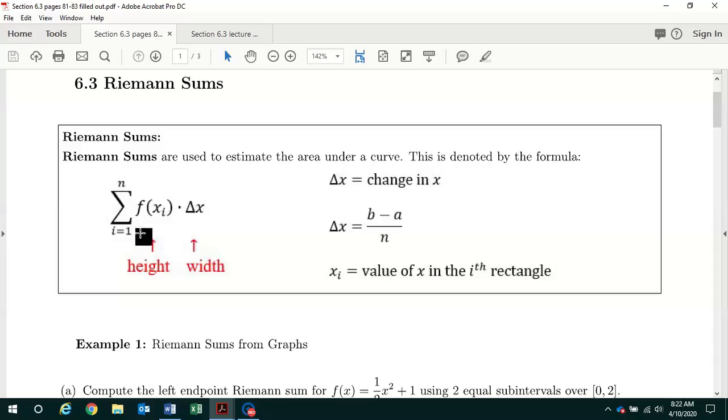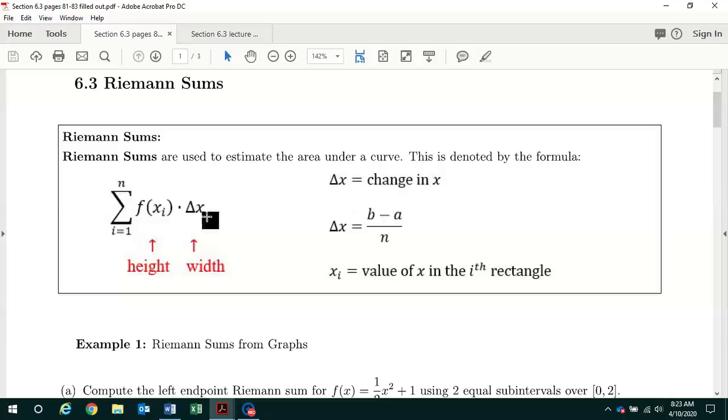And using a summation formula, hopefully you're familiar with this from your high school math, we're going to sum n terms from i equals 1 to n, and each term consists of f of x sub i times delta x, and this is just the area of one of the rectangles. Delta x is the width of the rectangle, and the height of the rectangle is determined by the function value for some value of x for that ith rectangle. So i equals 1 to n, we're just adding up the area of n rectangles.